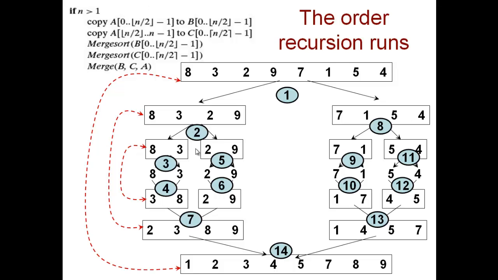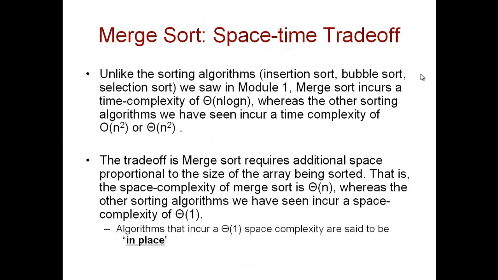If you want to sort n elements, you have to allocate n elements for the input array as well as n more elements for the two subarrays B and C. So its space complexity is theta of n because you need n additional memory.